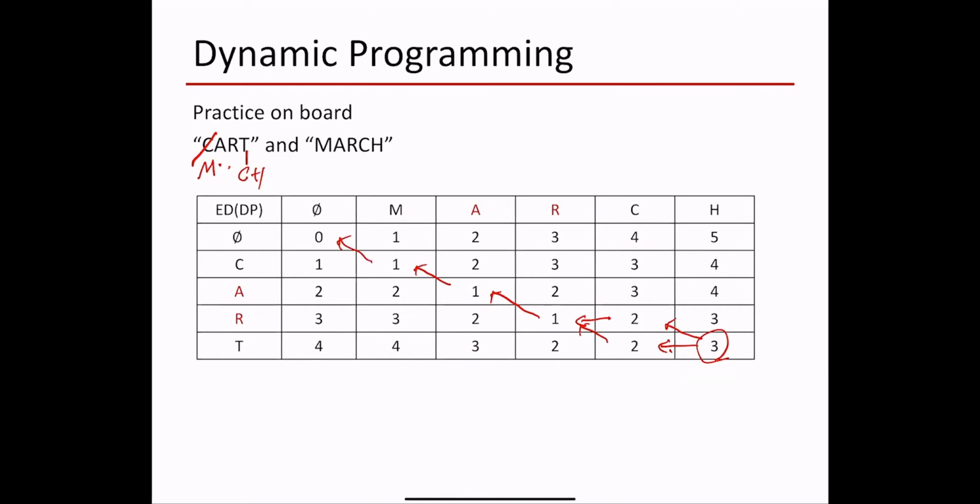If I go back along the path, it chose to replace, it chose adding H or replacing it, then replace C to T. If you find the path from here, you can see how they are converted. From C to M, you replace it. Then A to A is a match, R to R is a match, C to T is replaced, T to H is added.